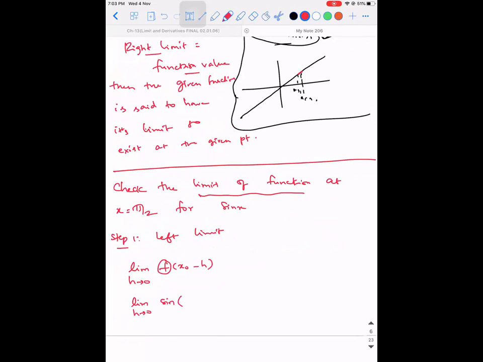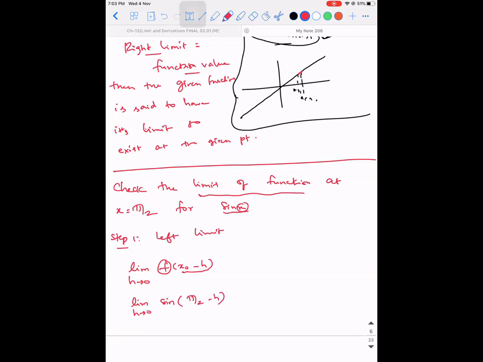In the place of f, I wrote sine because sine x is a function. In the place of x, what am I supposed to write? X naught minus h. At what point am I asked to check the continuity? Pi by 2. So I will write it as sine of pi by 2 minus h.